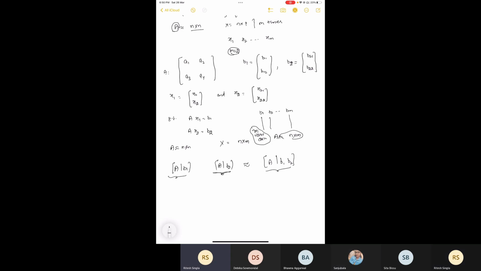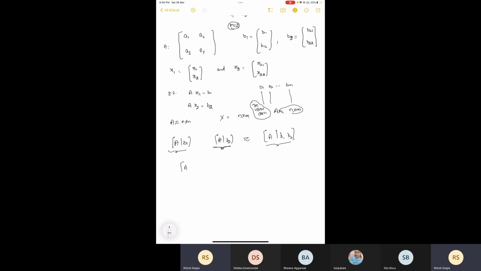Yes, sir. Okay, so do you want me to do this calculation? If I want to solve this augmented matrix B1, B2, and so on up to Bm using Gauss elimination, then we need to apply multiplication or division, which we count as one unit.